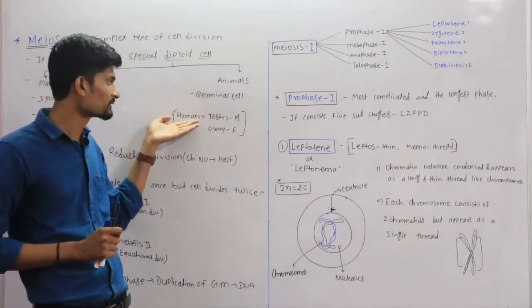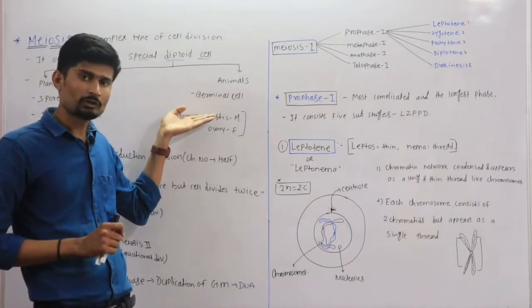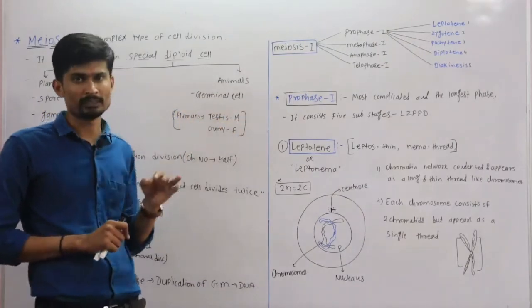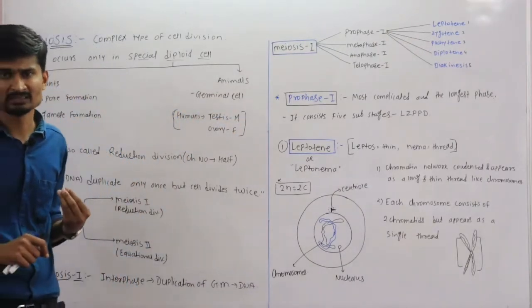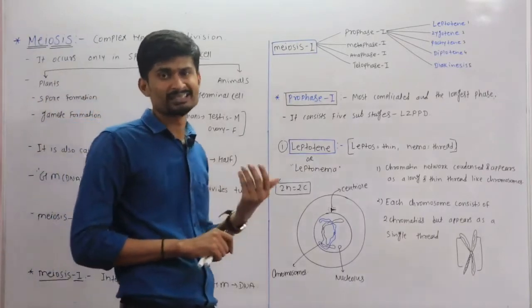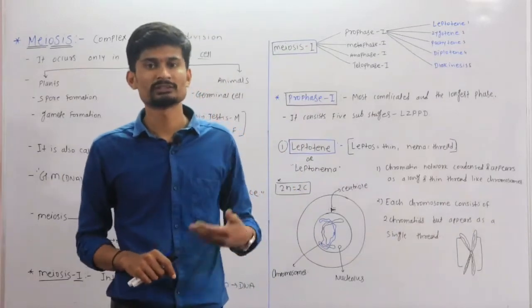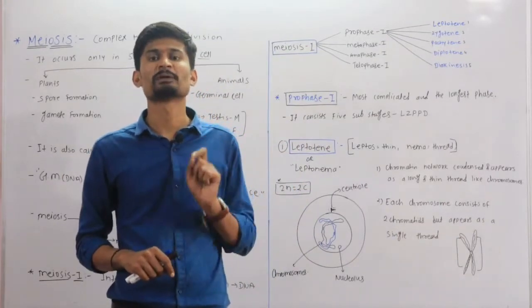In humans, meiosis occurs in the testes in the male and the ovaries in the female. In the testes there are germinal cells present in the seminiferous tubules. The germinal cells undergo meiosis division and produce the gametes, that is the sperms.